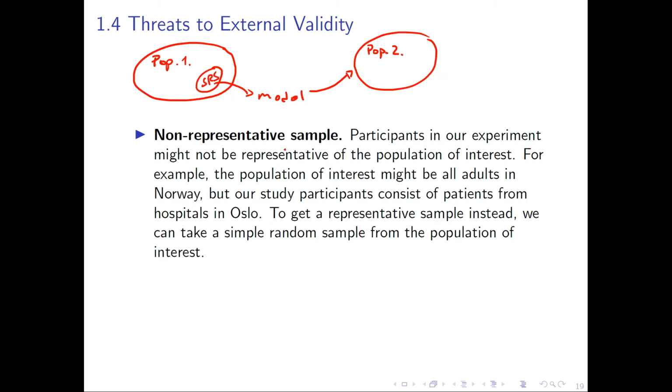So for example, if you have an experiment and you would like to use the model on the whole population, say you're testing whether or not exercise increases the O2 intake, then if you use patients with heart conditions, you get one set of results, and then you have to think about whether we are able to generalize this result to the healthy population.